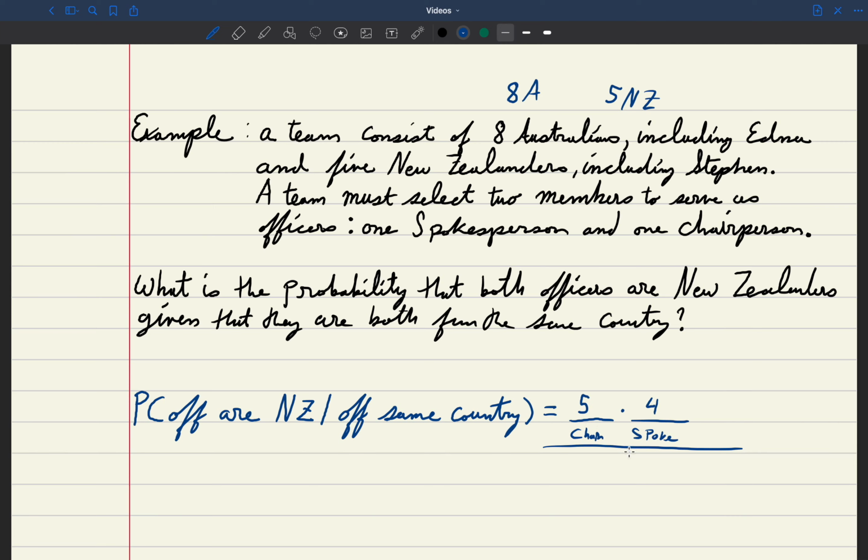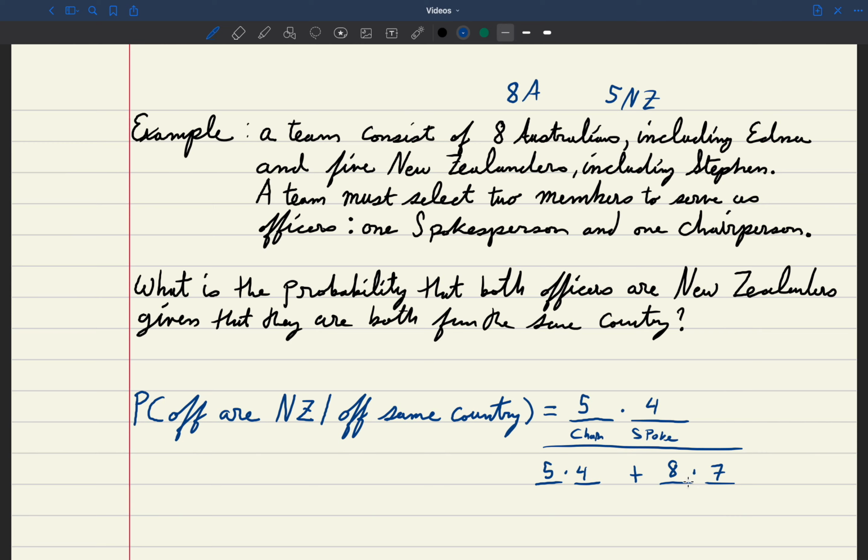Then, how many ways can they be from the same country? That's going to be 2 different ways because in this problem, there's 2 different countries. So 5 times 4 is in the sample space, of course. That's New Zealand. And then 8 times 7 would also be in the sample space because that would be that they're both from Australia.